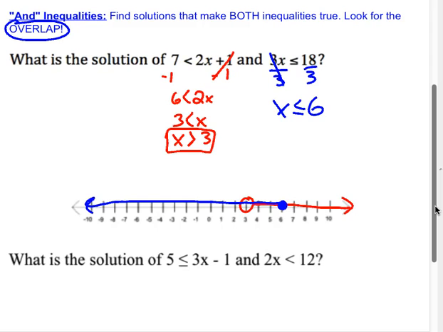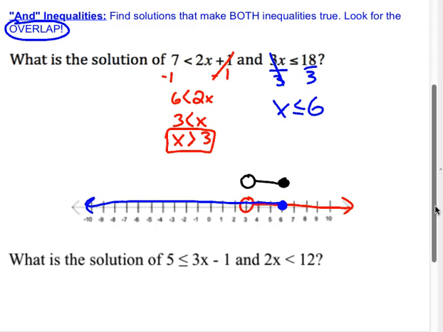All right, so for the and situation, once again, what that means is I want to highlight the overlap, okay? That's the only piece of this that I actually want. Well, the overlap exists here, okay? So I put the endpoints and connect them up.